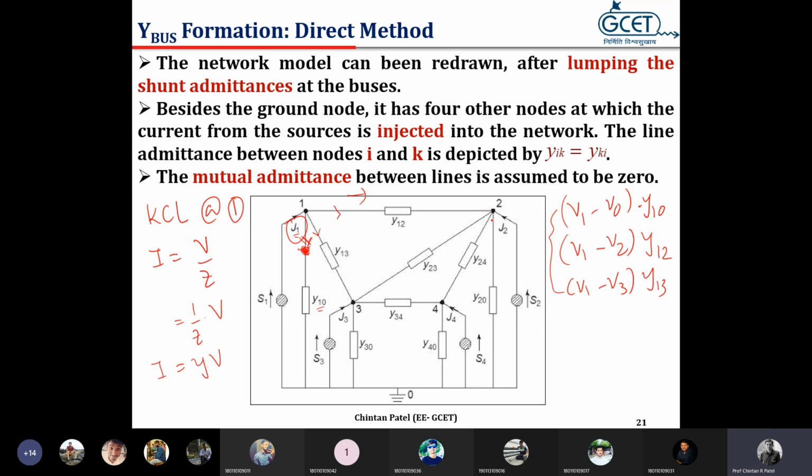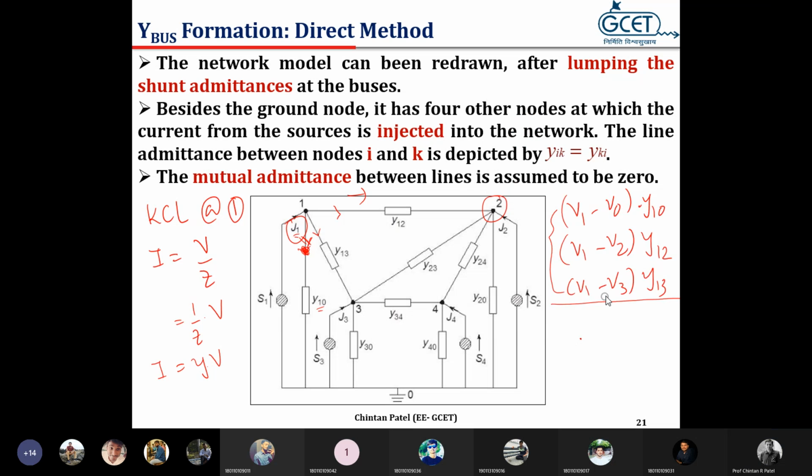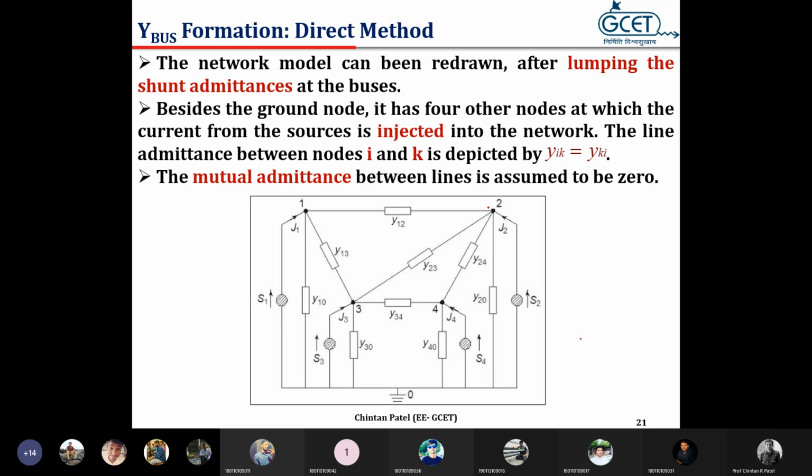We can apply the KCL at bus number 2 also in a similar manner. So let's apply KCL at bus number 2. What is the current flowing in this branch?